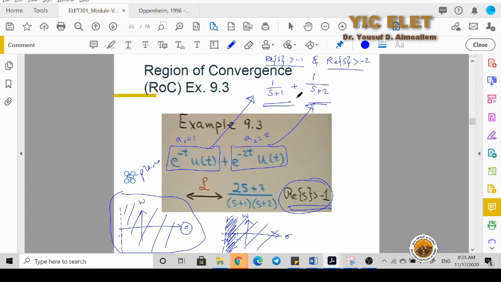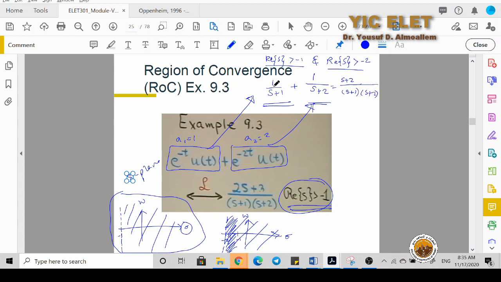Now we can add these together. If we sum them, we multiply by s plus 2 here, and the denominator will be s plus 1 times s plus 2.